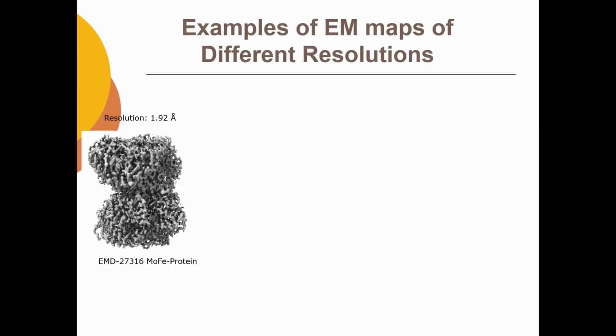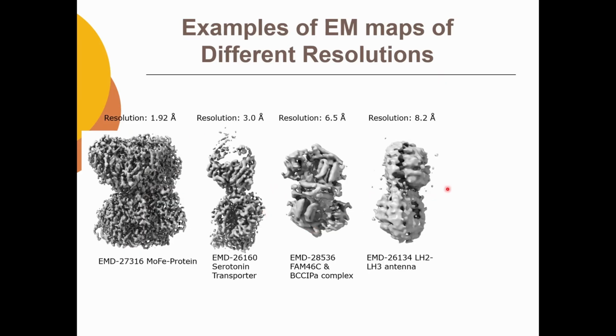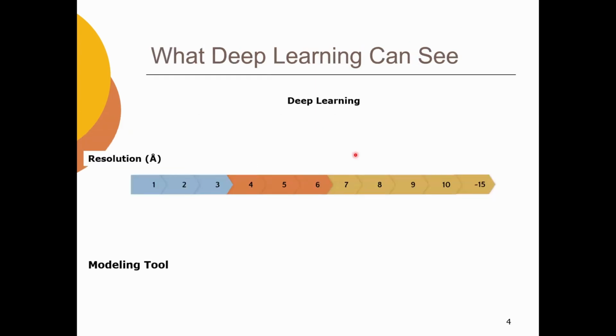Here I'm showing a very high resolution map, 1.92 angstrom globally, then 3 angstrom, 6.5, 8, and further down to 16 angstrom. Since the resolution really determines how much you can see from the map, we have been developing several different tools that fit basically two ranges of resolutions.